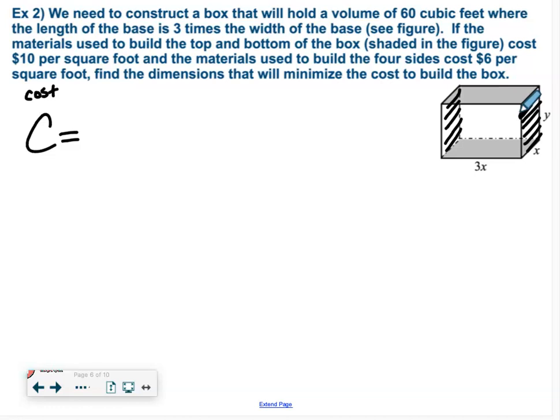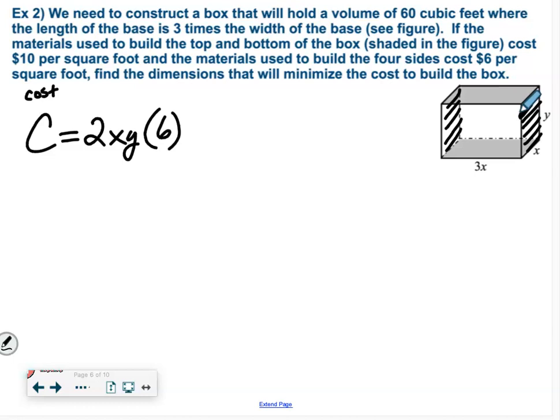XY, right? So we would have the area of the sides, but there's 2 of them. So 2 times XY. And then the cost of building those sides would be 6, right? Times 6. So it's the number of square feet times the cost per square foot.